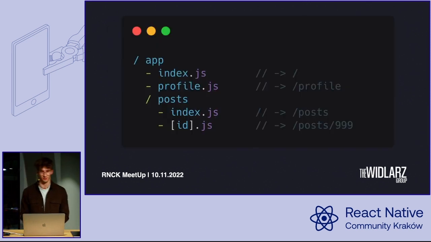So yeah, let's now talk about how you're actually going to handle navigation with Expo-Router. By looking at this code snippet, you probably already have an idea how it works, more or less. We will try to go through it line by line. So maybe let's start with the folder. As you can see, all our screens are placed inside an app folder.